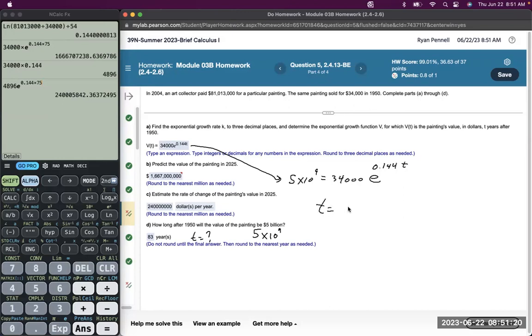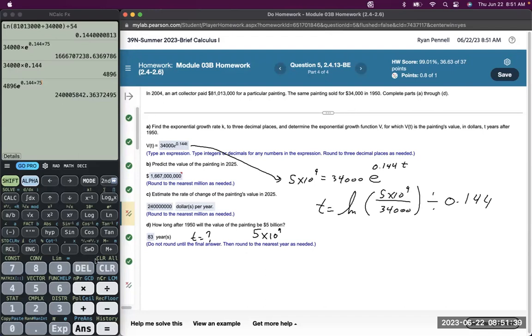So that being said, it's the natural log of 5 times 10 to the 9th over 34,000 divided by 0.144 will give us the time.